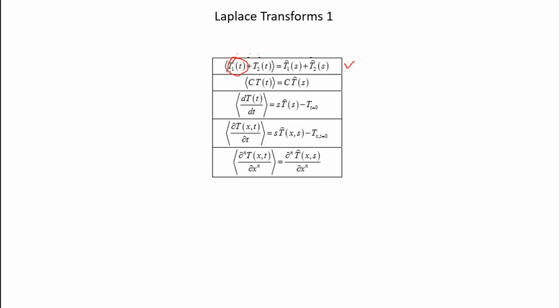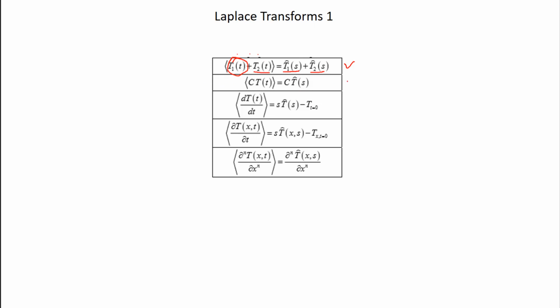So I can take the inverse Laplace transform of the first term here and add it to the inverse Laplace transform of the second term, and so on. So we'll use this when we're actually taking our problem and doing the inverse Laplace transform. It basically means we can look at our problem, it may be a whole bunch of terms added together, and we can just tackle it term by term.